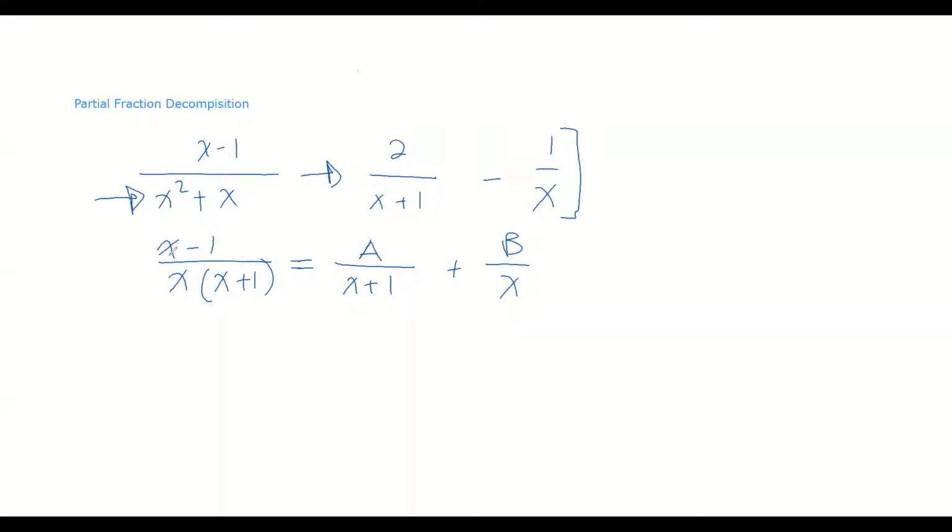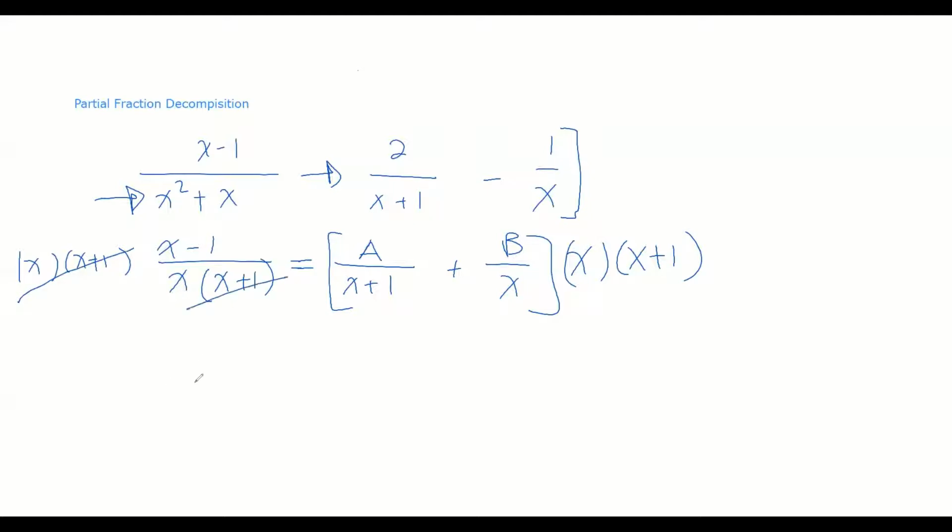Like in this case, fractions are technically division. So what I can do is multiply by x times x plus 1. And the only other important thing is to make sure you're remembering to take that denominator and multiply it to the whole right side of this equation.